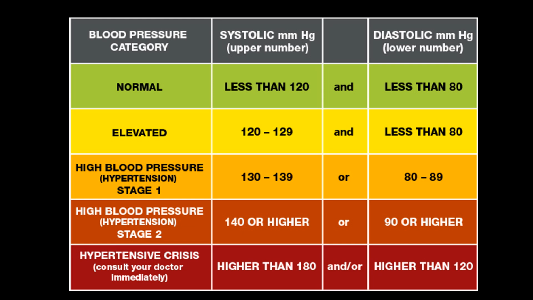Now note that these numbers are all relative. So you could have someone whose blood pressure is, say, 130 over 70. You may see it as high systolic blood pressure, but some people may be normal with that blood pressure.